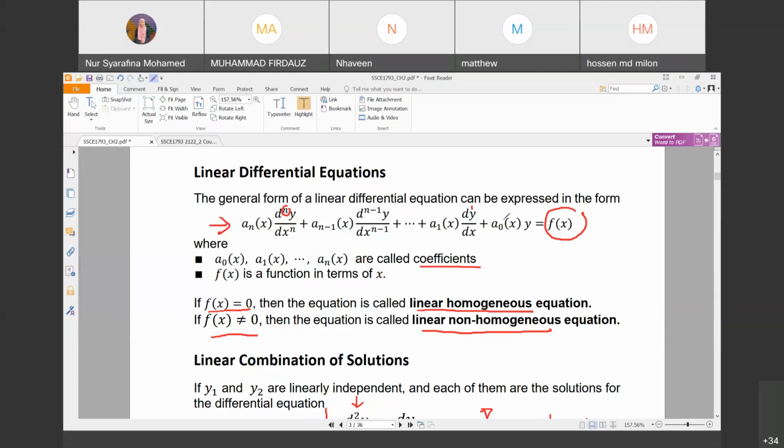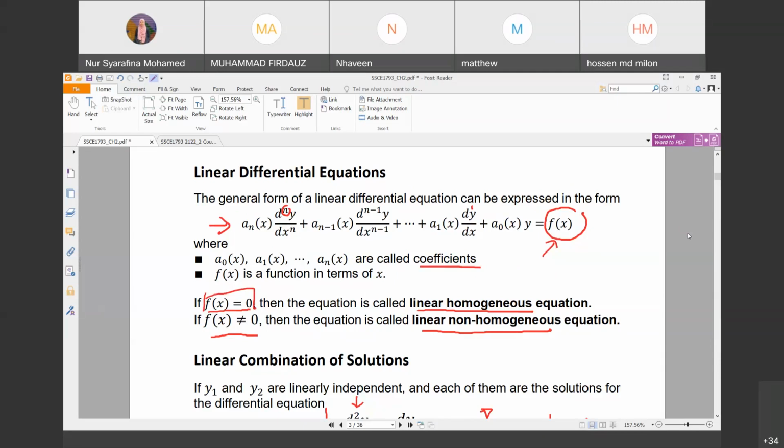Okay, for this linear second order differential equation, if f(x) equals to 0, if your function in the right hand side here equals to 0, then we call it a linear homogeneous equation. And if it does not equal 0, it means there is, in terms of function, maybe a constant, maybe a linear, maybe a quadratic, maybe an exponential, maybe a trigonometric function.